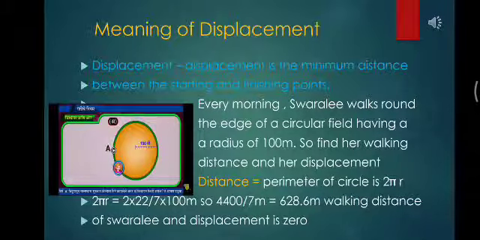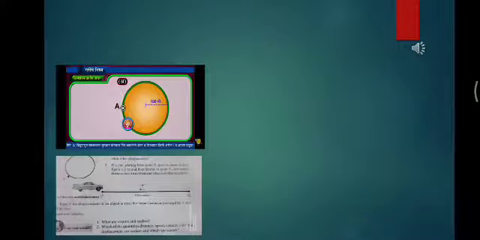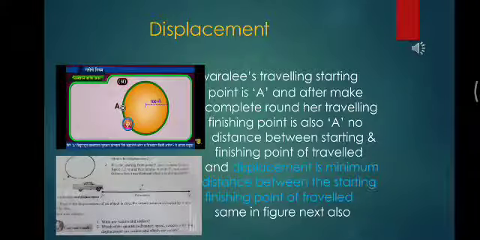Look here. In the first figure, Swarali's traveling starting point is A, and after making a complete round, her traveling finishing point is also A. So there is no distance between the starting point and the finishing point.